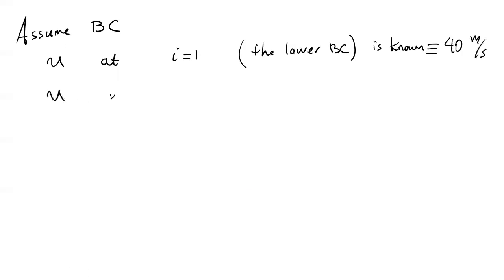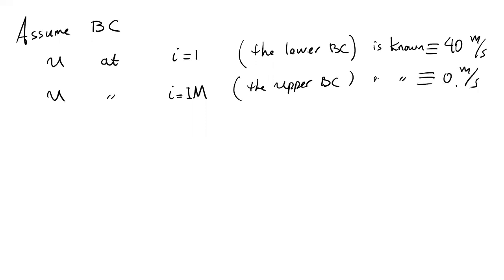And u at maximum I, again depending on what delta y you pick, you can have 8 or 10 or 100 of those nodes along y, which is my upper wall, is also known, equal to 0 meters per second.